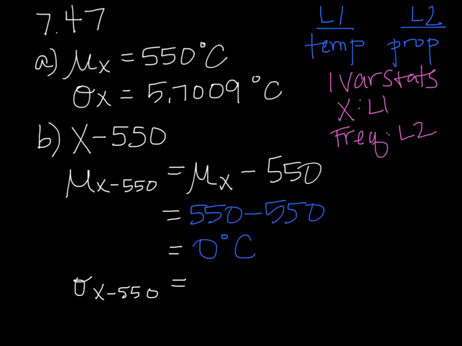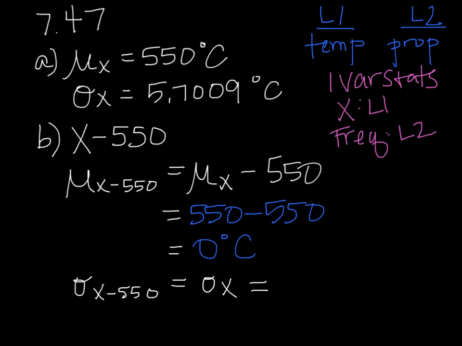Now, in terms of the standard deviation, to find the standard deviation of this distribution, we need to revisit our rules for variances and standard deviations and linear transformations. Because we are adding, or in this case subtracting, a constant value, this will have no impact on the variability. So that minus 550 really doesn't matter at all.